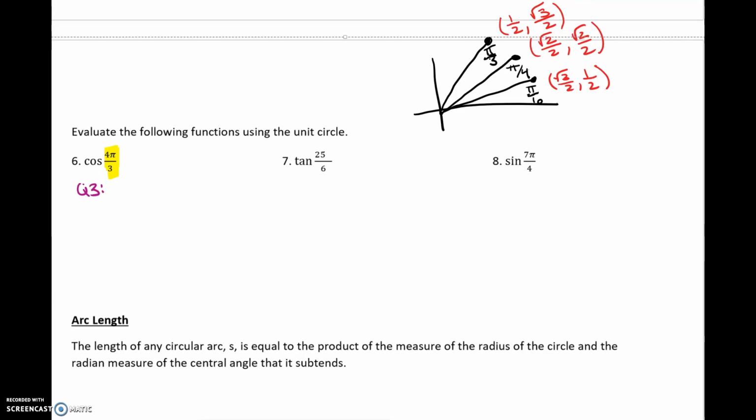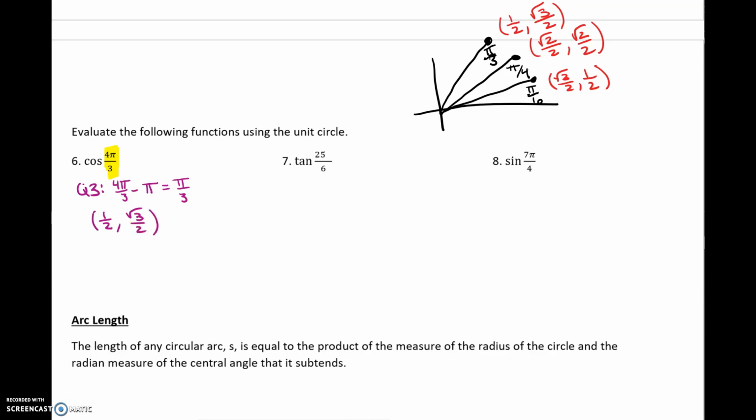But technically, if we did the work, so quadrant 3, you're just simply going to say 4 pi over 3 minus pi. Again, if I got a common denominator, I would end up getting pi over 3. So pi over 3 is my reference angle. So I'm going to go up, what are my coordinates? Well, my coordinates are going to be 1/2, square root of 3 over 2.